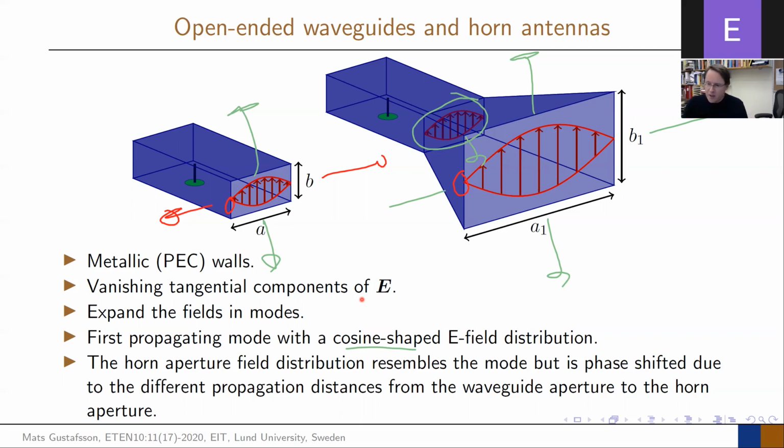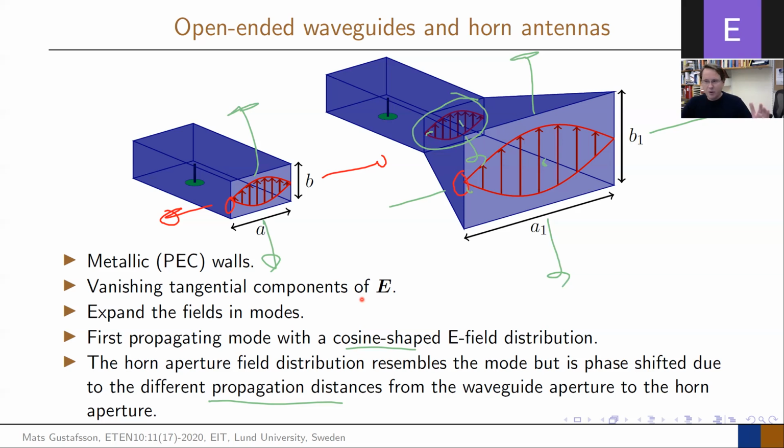There are other effects, because the propagation distance is now different from the center to the center as it is from edge to edge. It's further, so the phase starts to change over it. There are reflections, there are all kinds of things happening. FEKO or a simulator takes care of it, but as a first approximation you can think that it's approximately the first mode, but it looks larger in some ways.